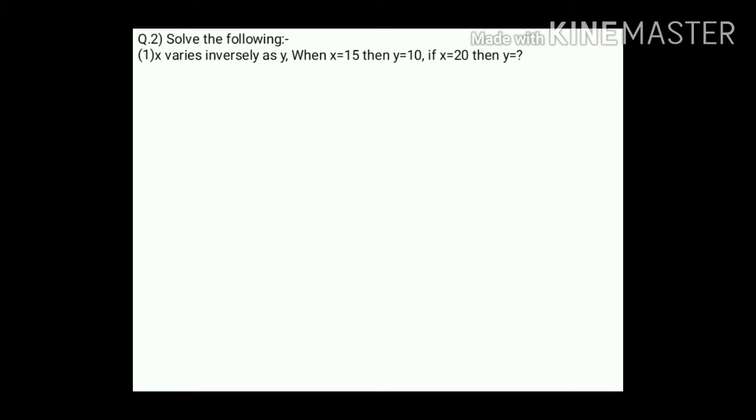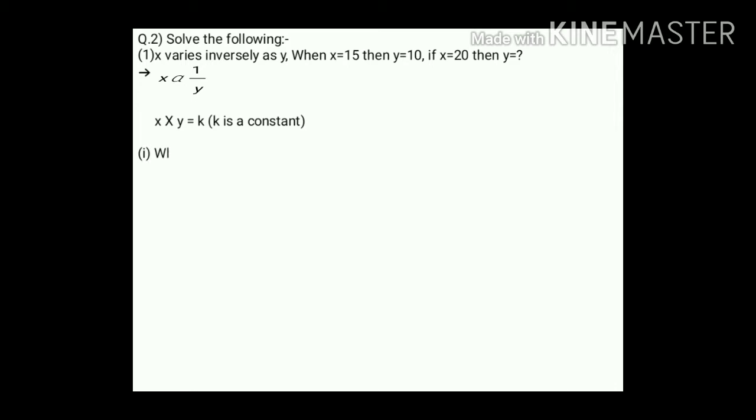Here, children, this is an example of inverse proportion. So, here we have to use the formula, children. You have already learned x inversely varies y. So, the formula, children, x into y equal to k. K is the constant. It means, children, whatever the answer we get when we multiply x into y, the answer is constant, children. Okay. So, that's why it's known as constant.